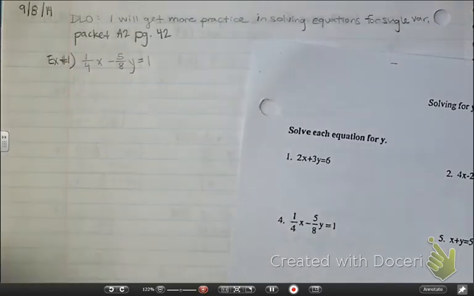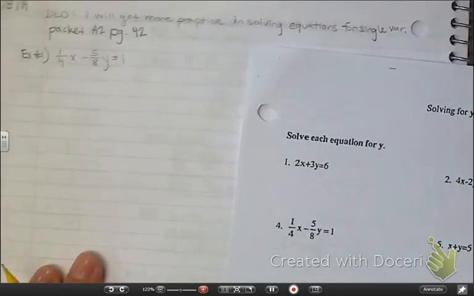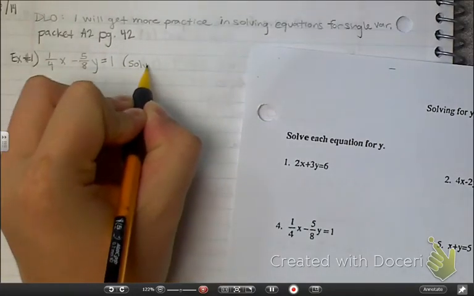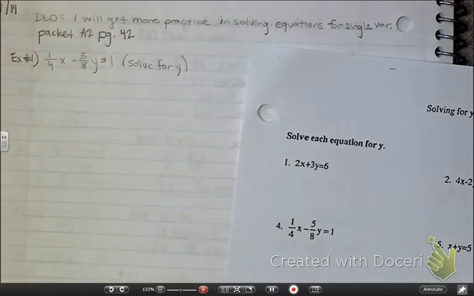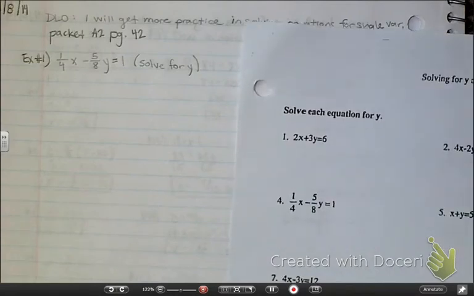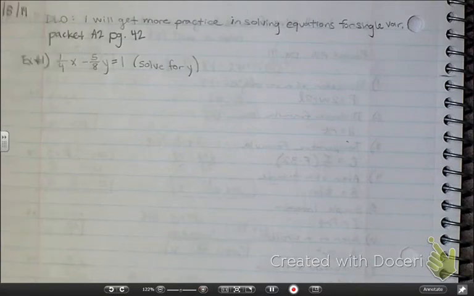All right? So I want to go ahead and make sure that I know what those directions are. So right over here to the right of the problem, I'm going to write in parentheses, solve for y. Alright, so we don't need this paper anymore. I'm going to set this over to the side. So yours should look exactly like mine does.